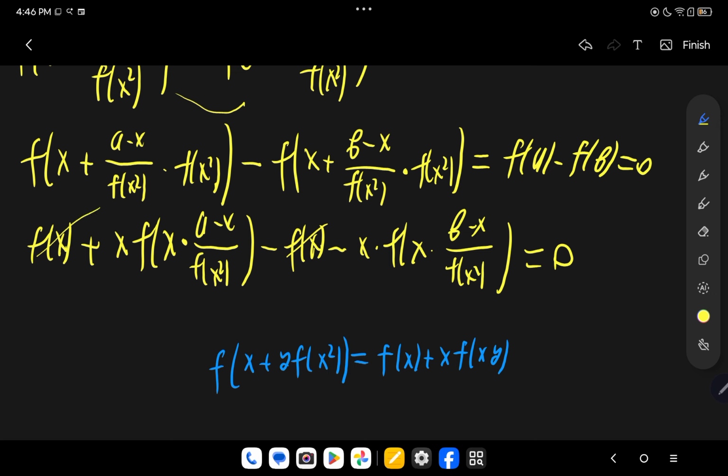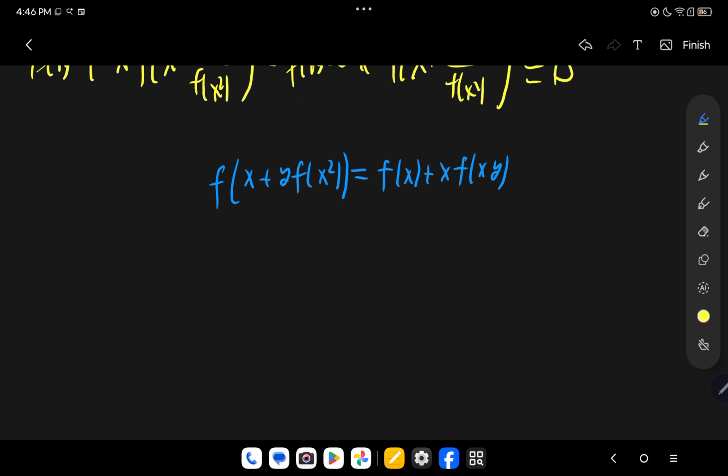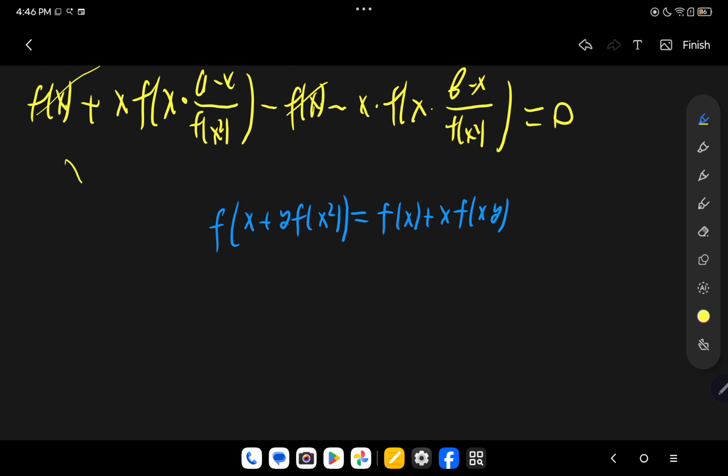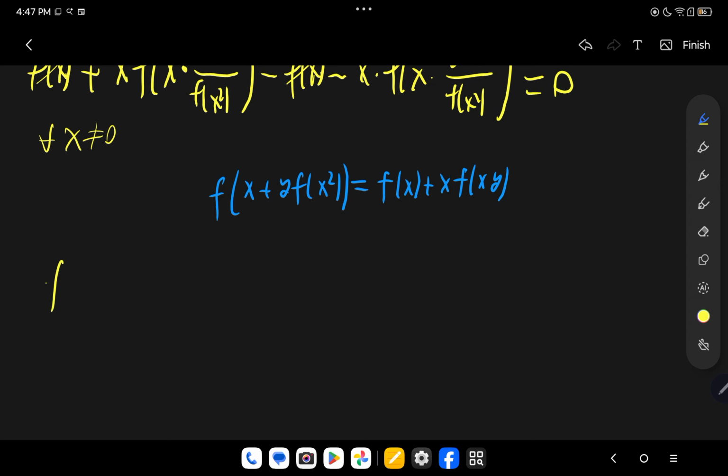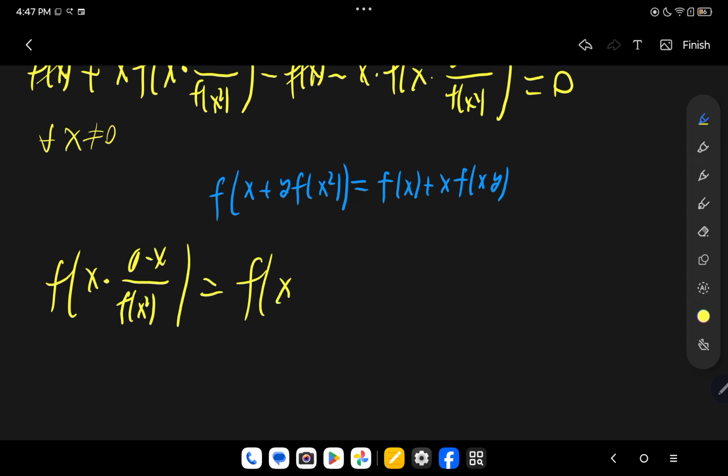Also these two are the same, and we will get that. Also we know that this is true for every x, so we can say that x is not equal to 0. So we will get x times (a minus x) divided by f(x) squared is equal to f(x) times (b minus x) divided by f(x) squared.